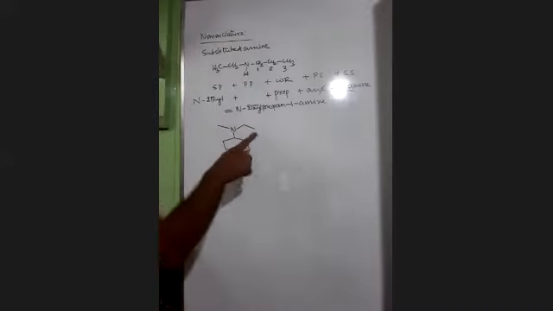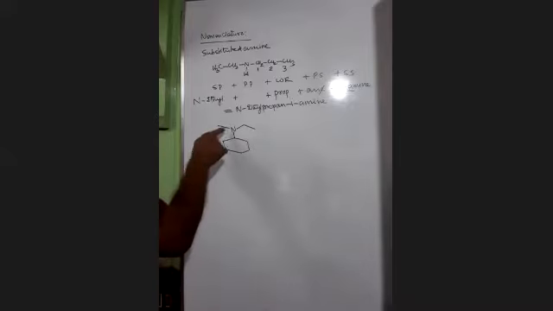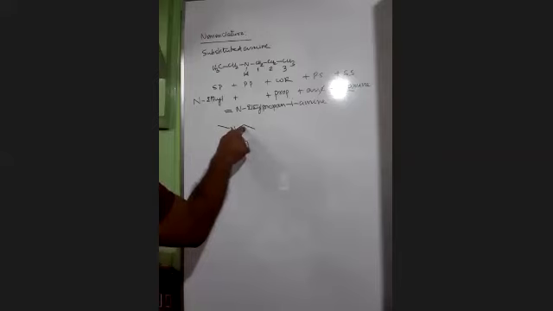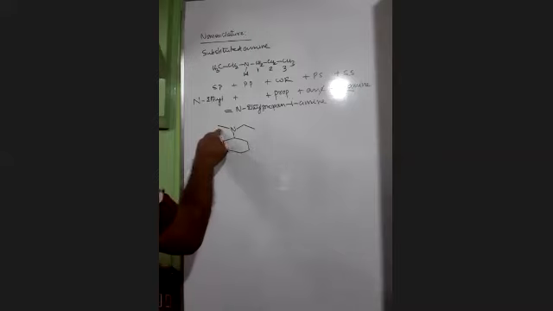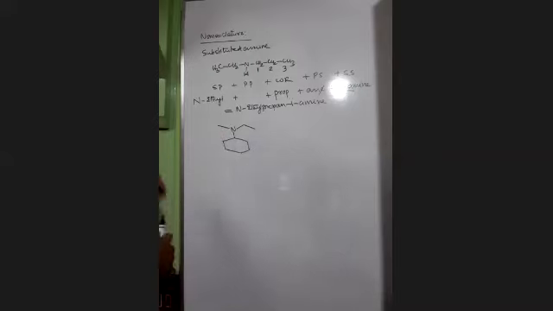So we're done. Now see here. This is called the bond line structure. This indicates methyl, and each bend is CH2. This is CH2, this is CH2. So this is an ethyl group and this is a methyl group. So what do we have to write here?